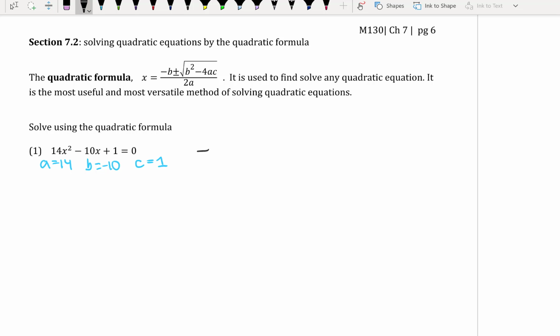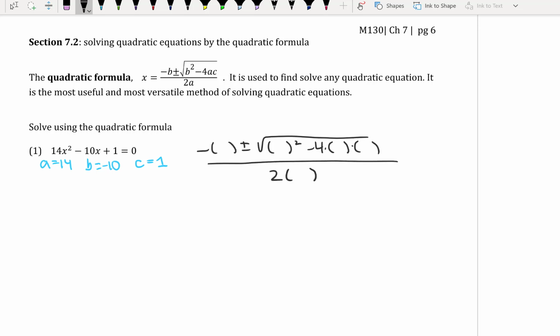So I have negative b plus or minus the square root of b squared minus 4 times a times c, all over 2 times a. Notice how I am putting parentheses around everything that I'm going to be plugging in. Everything that has a b value, I'm going to highlight.